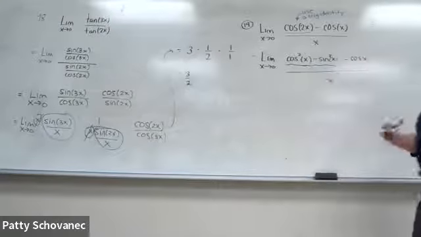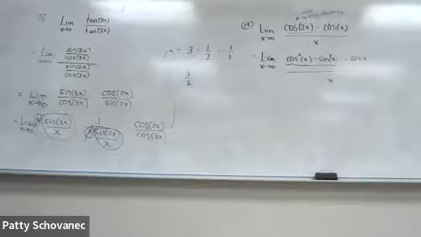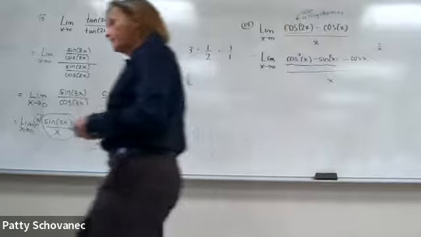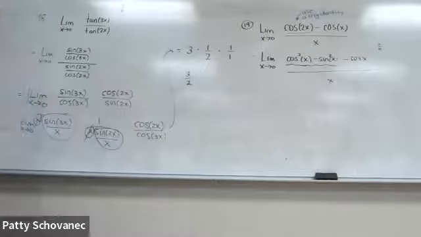I still have 0 over 0, but at least now I have the same angle everywhere. There's still 0 over 0 though. I'm gonna try to move it on from here.